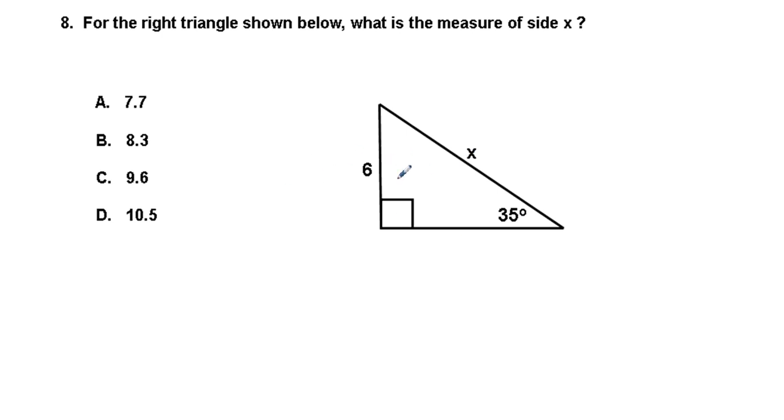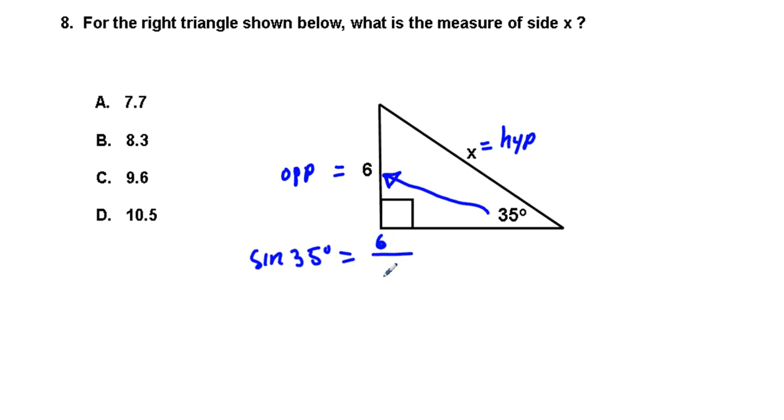Well, we have our opposite, and we're trying to find our hypotenuse, and we know that's our opposite. So the sine of our angle, which is 35 degrees, is equal to our opposite over our hypotenuse. Well, I'll just call that x.